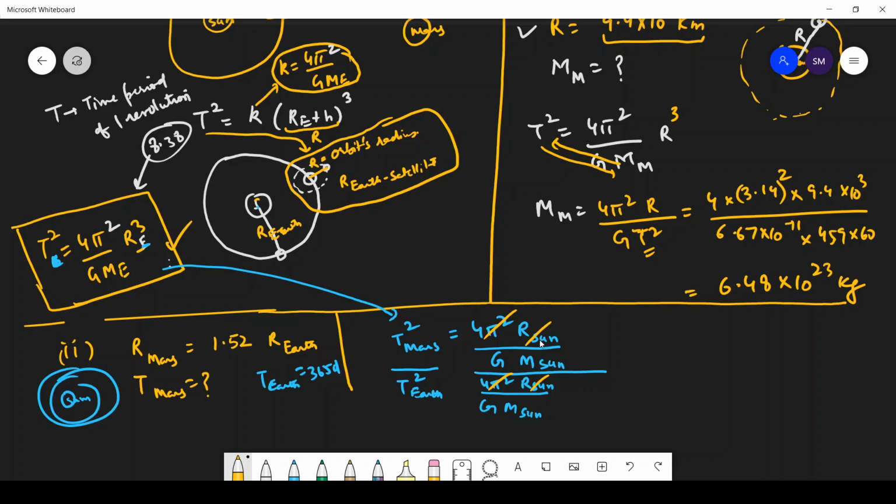One thing is a correction over here, that this is the radius of the orbit, okay? So whose orbit is this? That is the distance between sun and Mars, and here the distance between sun and Earth, right? So definitely this orbital distance will be different, so they are not going to cancel.